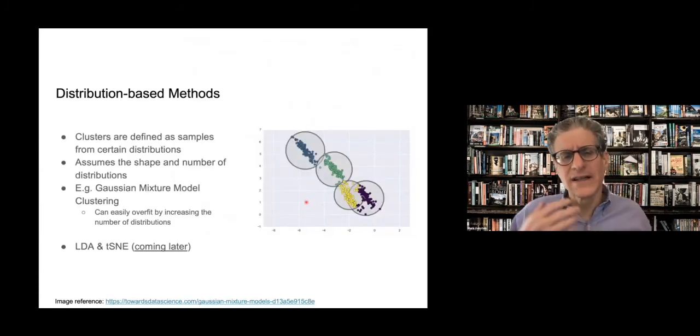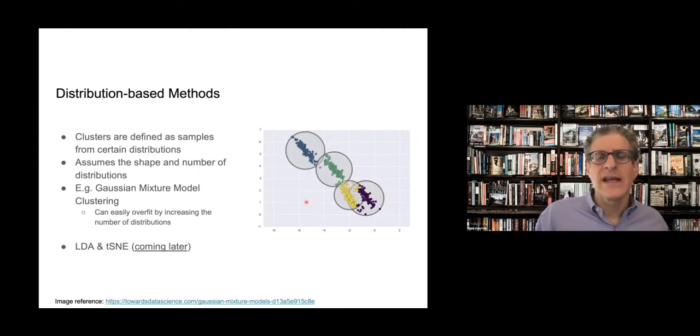Okay, and then a generalization of the k-means type of approach is distribution-based methods. And here, instead of thinking of centers of clusters, you think of them as being like Gaussians. So maybe there's a Gaussian, it's a distribution, it has a standard deviation, and you're going to try to see which of these Gaussians your data points go to.